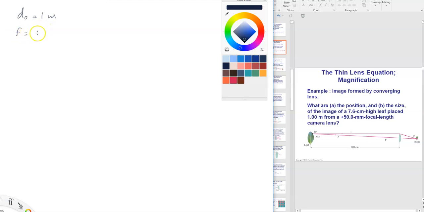F is positive, 50 millimeters means 5 centimeters, so let's keep it as 5 centimeters and make this 100 centimeters. HO is 7.6 centimeters.